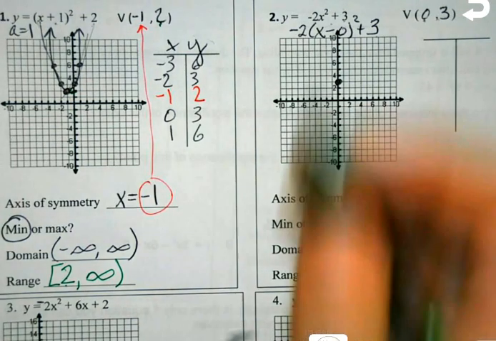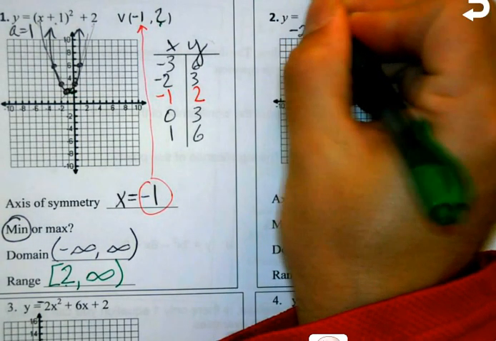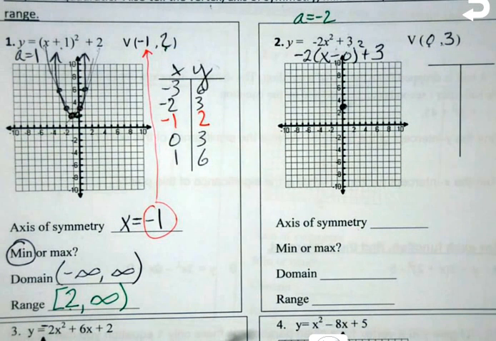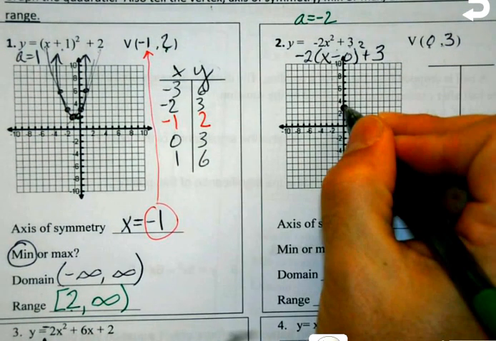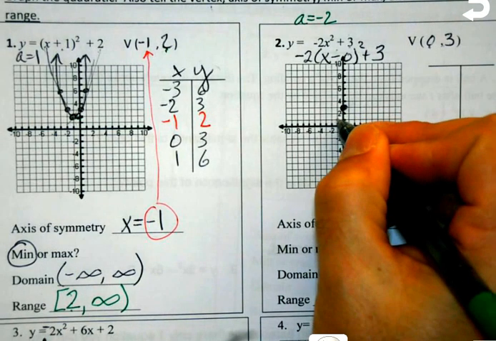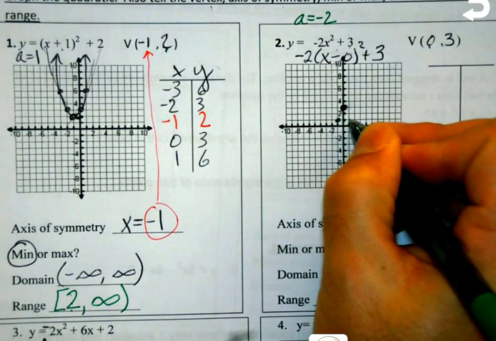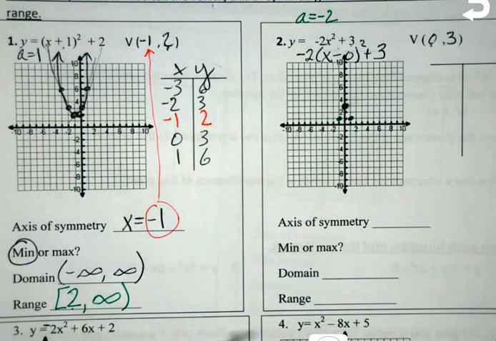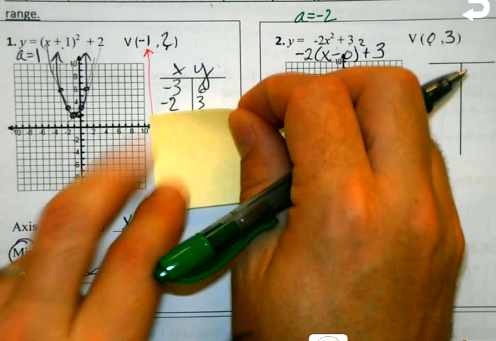So then I look, and I'm like, okay, my a value, once I come down a little, is -2. Now if I'm going to use the pattern, I go down to an over 1 each way. Then, and this is the part where people do the pattern, like, wait a minute, what?